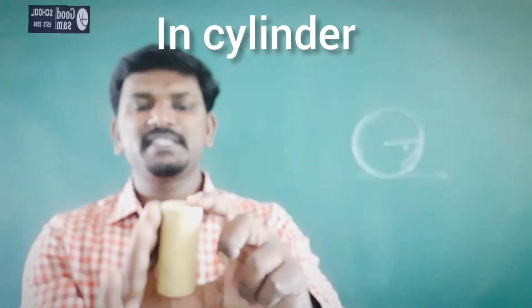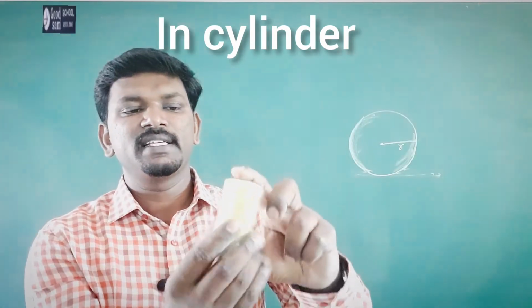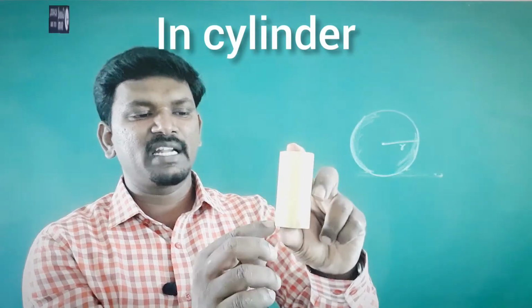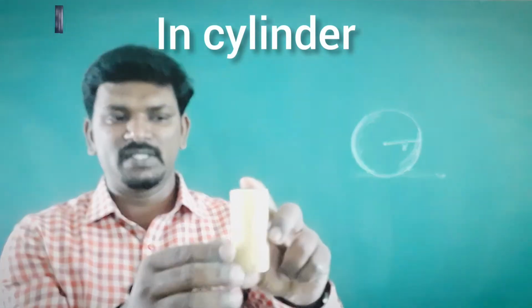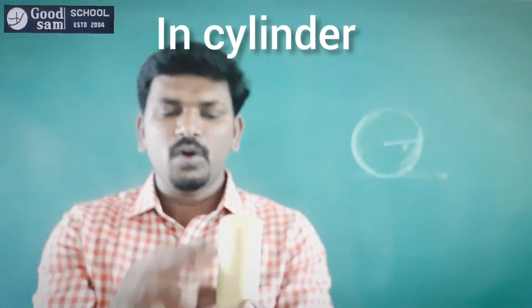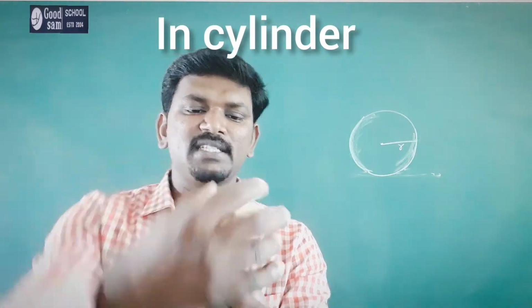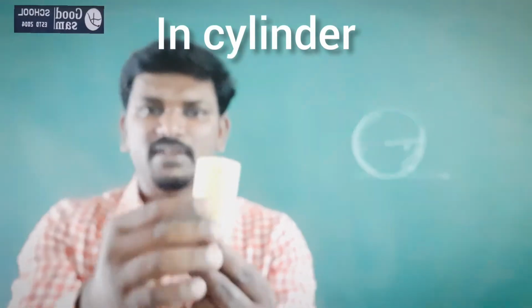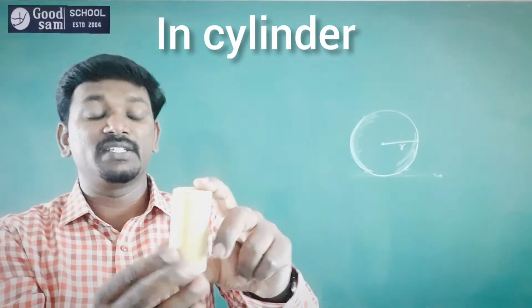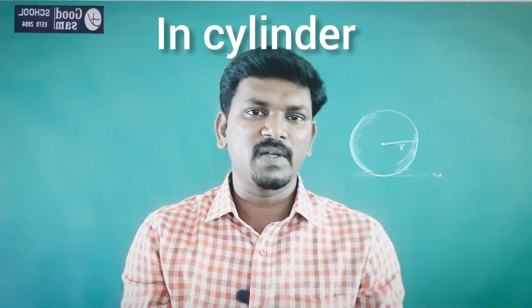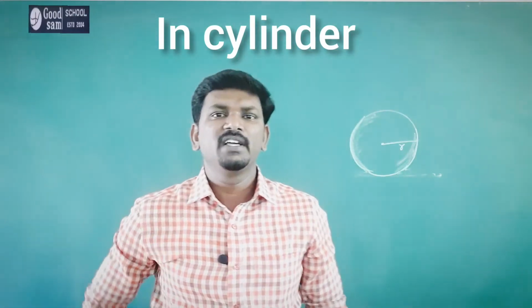This is known as CSA, that is 2πrh, base circumference into height. The total surface area of a cylinder means this CSA plus the top and bottom, the entire surface area of the cylinder: 2πr(h + r). So we have studied that.